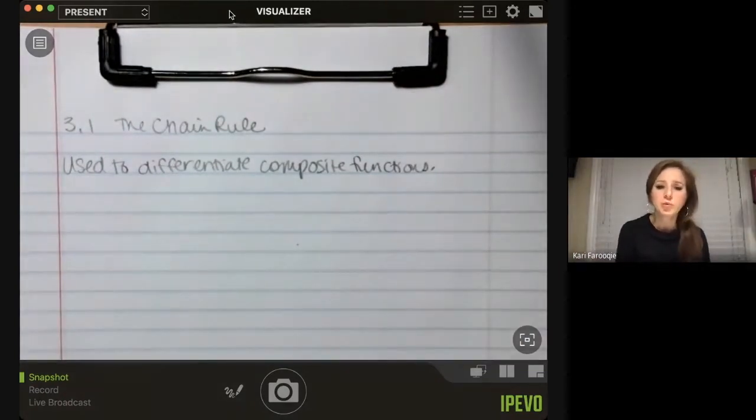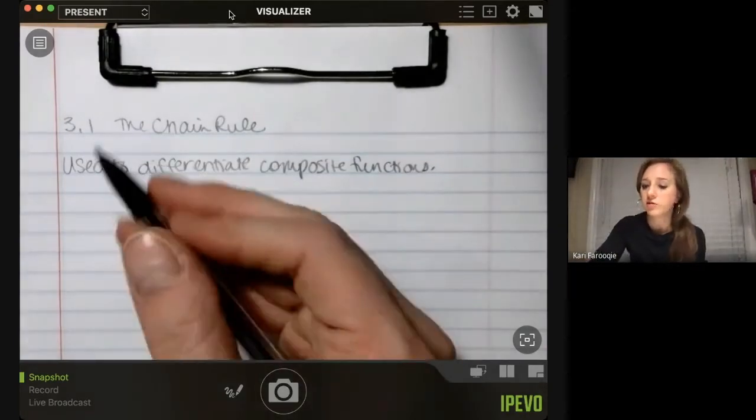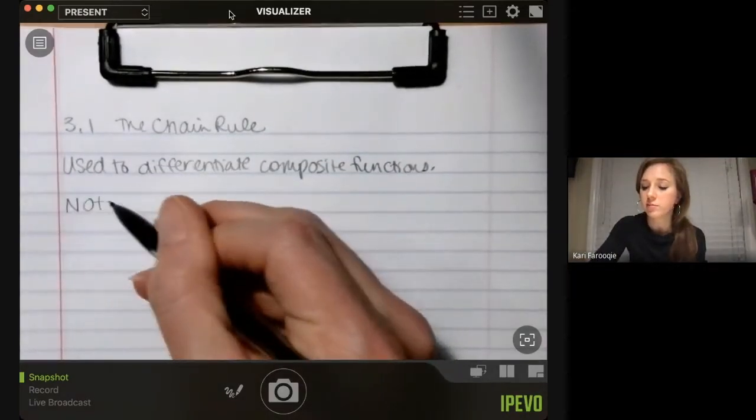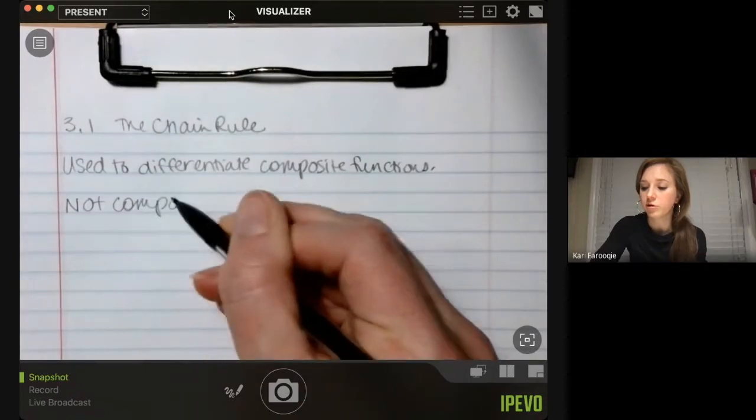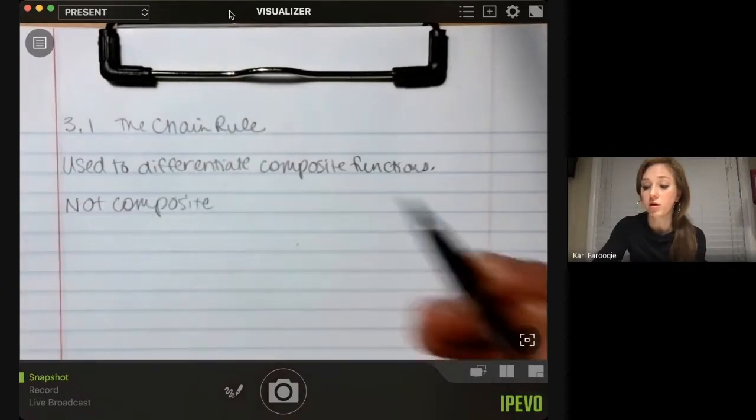Now, you guys learned about composite functions in college algebra or algebra 2, whichever you had. If you don't remember what a composite function is, I'm going to remind you right now. So let's come up with a list of functions that are not composite. And then we'll look at their counterparts that are composite.